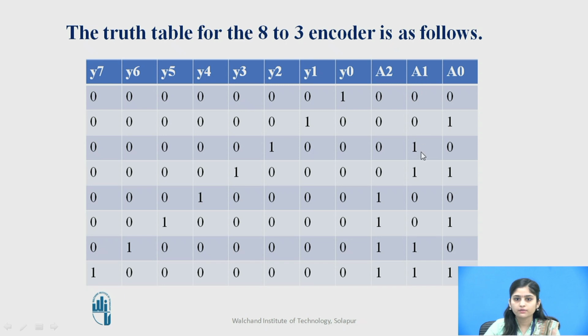See, here we are having 1, so we can write down it as Y2 plus Y3 plus Y6 plus Y7. This is the output expression for our A1. Now we have to design output expression for A2. So here we are having 1, so Y4 plus Y5 plus Y6 plus Y7, this is the output expression for our A2.